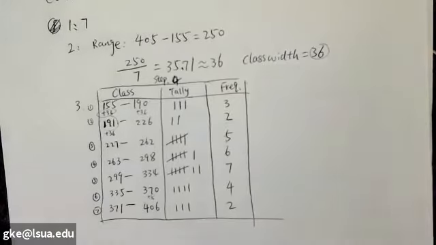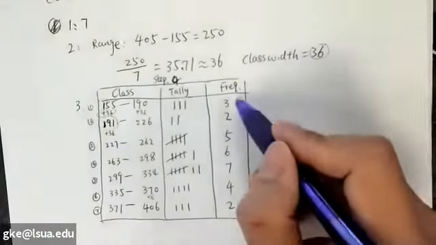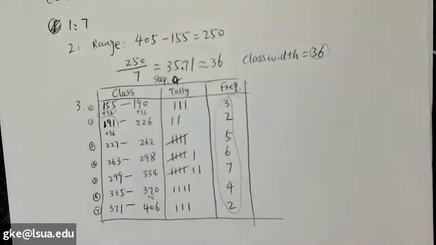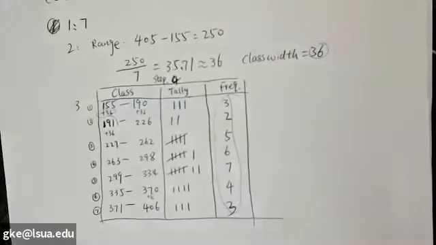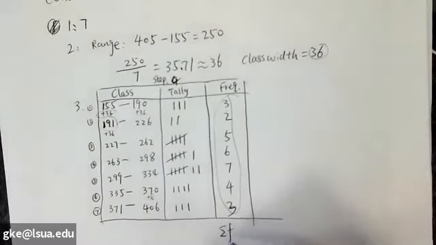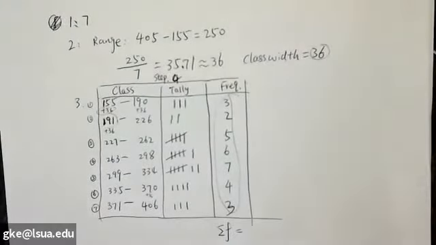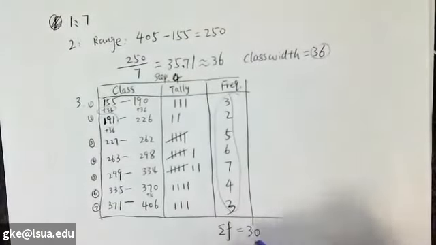Okay, so now that's a very interesting thing. When you do the summation for this column, that last one is supposed to be 3, or why is it 2? Oh, 3. You're right. Good job. The last one should be 3. When you then do the summation of the frequency, that equals what? That equals 30.